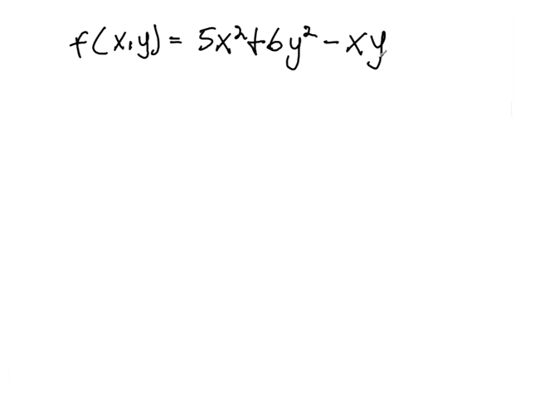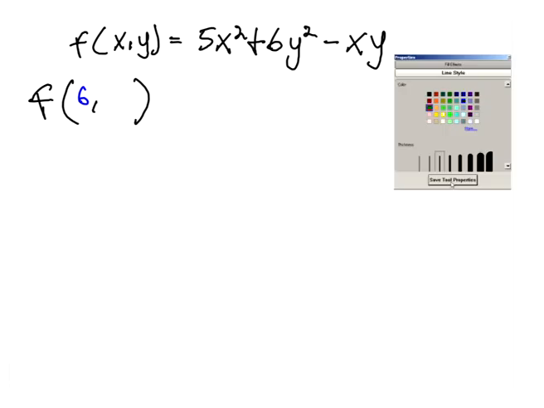In order for us to minimize the function, let's replace x and y into the main function in order for us to find the minimum value. The main function here is f(x, y) equals to 5x squared plus 6y squared minus xy. X is 6 and y is 9.